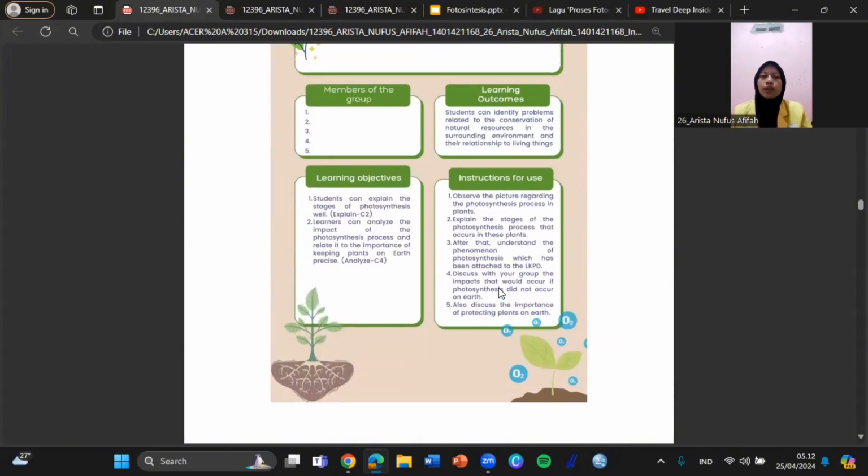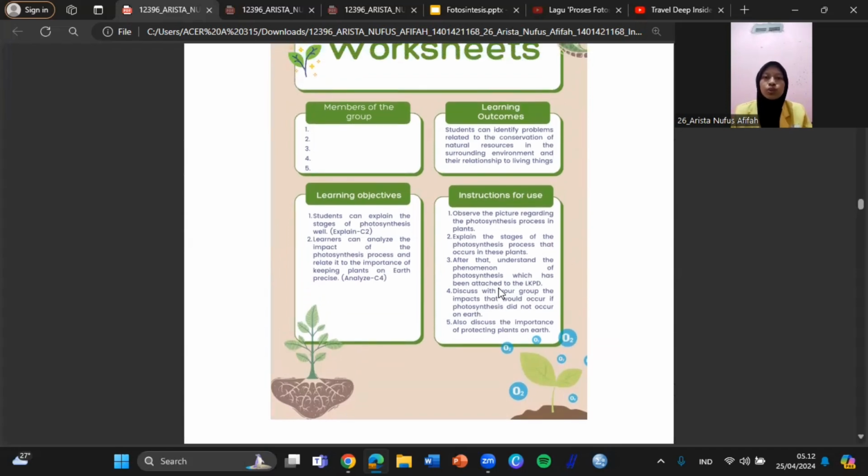I will explain a little about how to use the student worksheet. Please pay attention to the first page. Here, you have to write the name of the group and its members. Then, read and understand today's learning objective as well as the instructions for using the student worksheet.